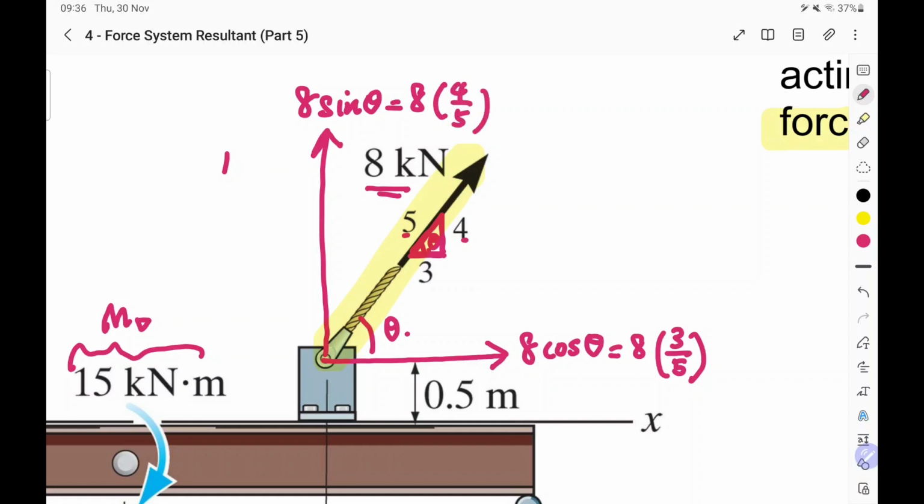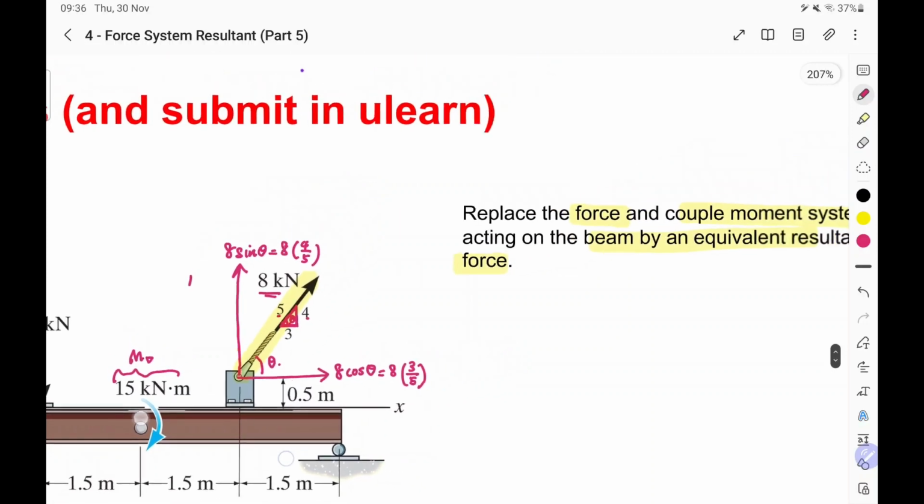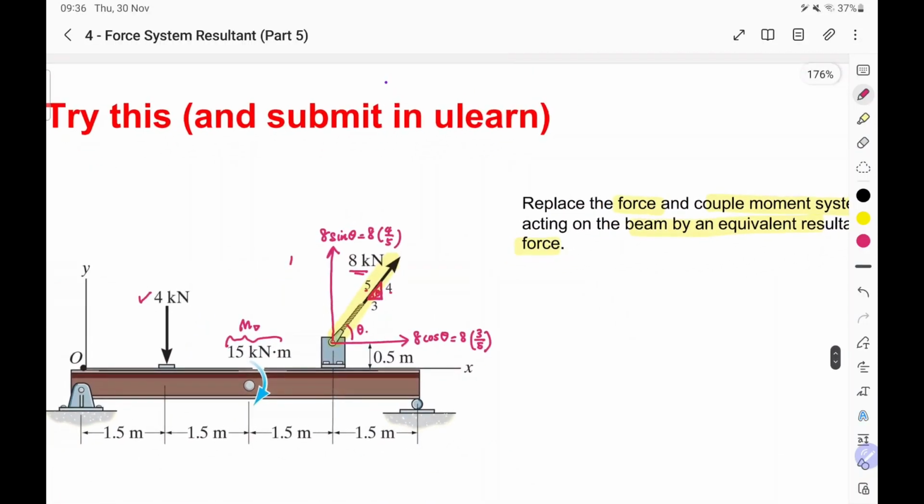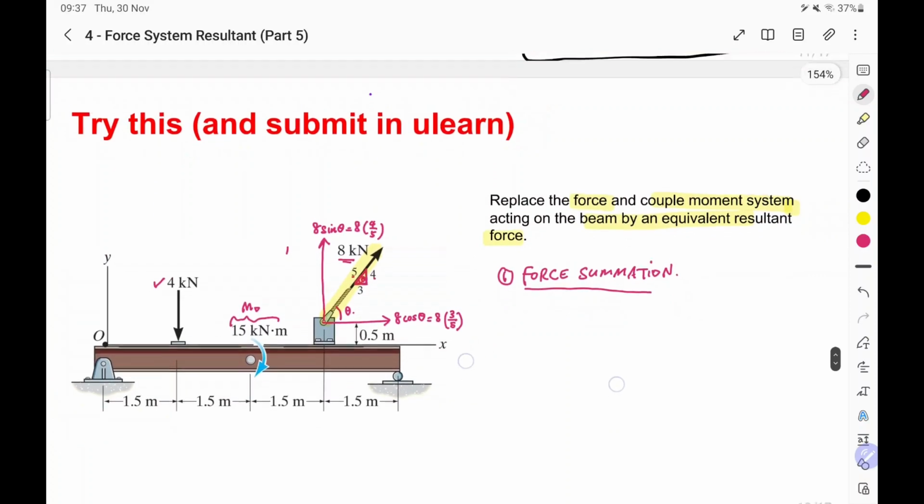Okay, now that's done. So the next thing you need to do, kita dah resolve everything in the respective x and y direction. Lepas ni barulah you boleh apply the force summation ataupun you cari dia punya resultant force. So the first step in solving this kind of problem, let's say saya buat the first thing adalah saya nak cari the force summation. It's up to you, you nak buat dekat x ke y ke ataupun z.